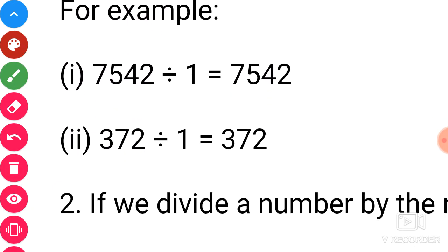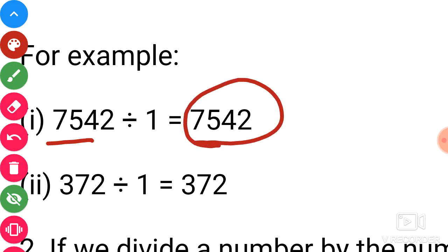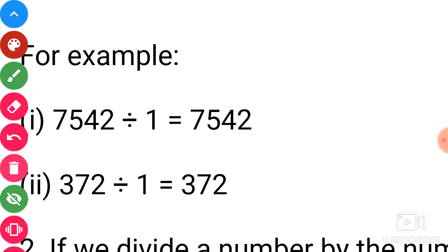Now, let us see the example. So, the first example states that 7542 divided by 1 will give us 7542. Why? Because we have just read that whenever we will divide a given number by 1, we will get the answer as the number itself.